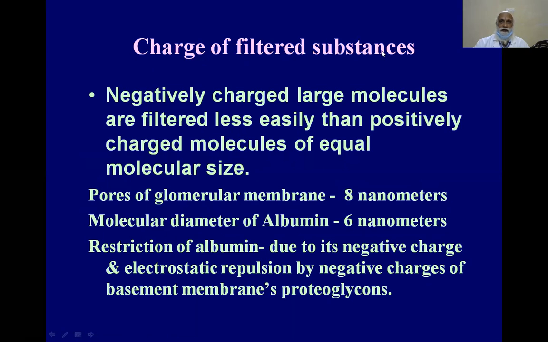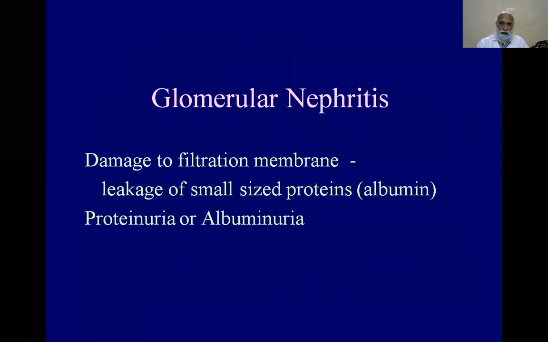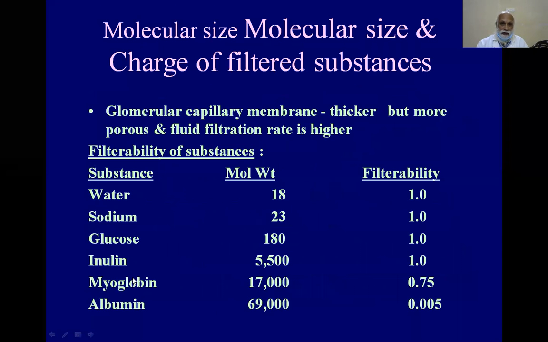Now, the charge of the filtered substance. We said the basement membrane has a negative charge, so that obstructs the passage of protein molecules. Generally, albumin, though it is capable of leaving, usually doesn't leave because of the negative charge of the protein.